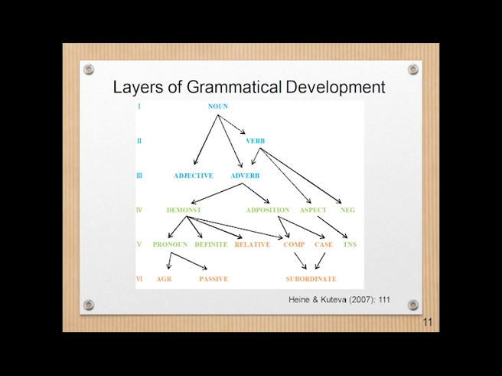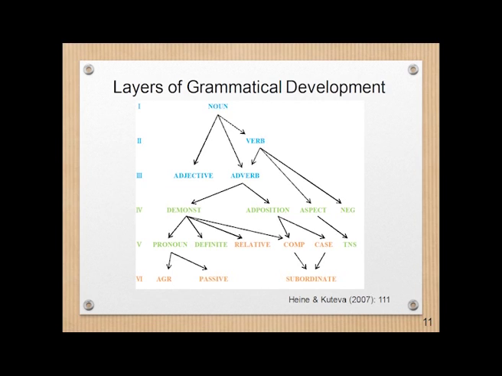And these stages and the elements involved in each stage can be applied to the layers of grammatical development proposed by Heine and Kuteva. Applying my proposal to their layers, lexical categories of my lexical protolanguage stage correspond to layers 1, 2 and 3, indicated by blue letters.